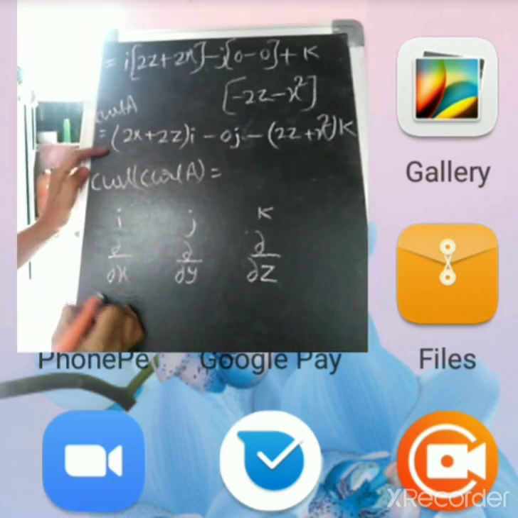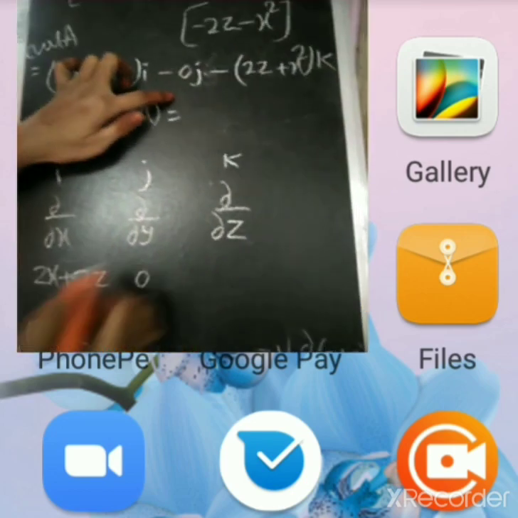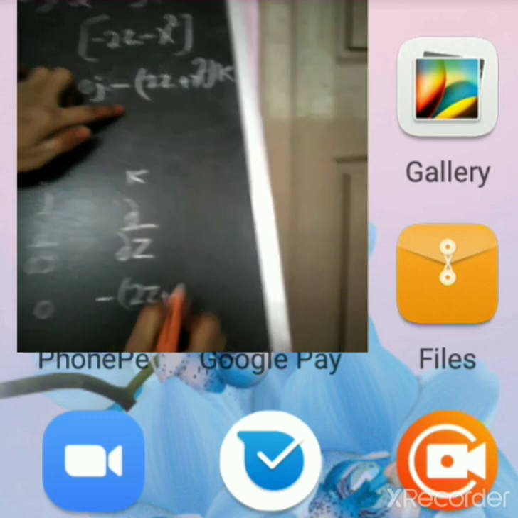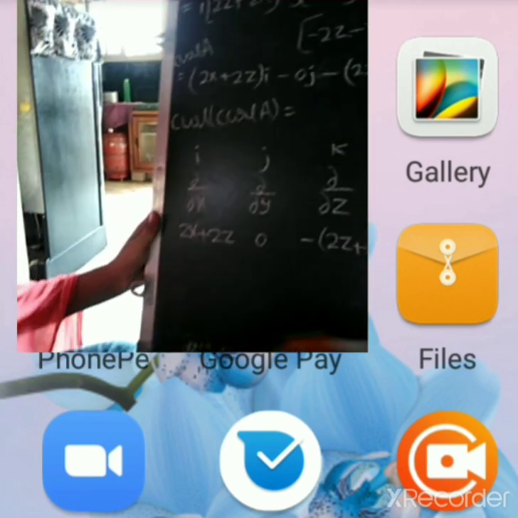Here i coefficient is 2x plus 2z. This is 0. This is minus of 2z plus x square, or we can write as minus 2z minus x square. So your choice.